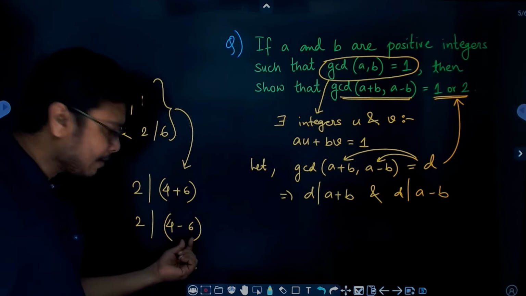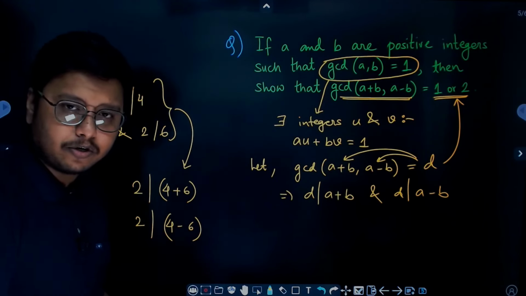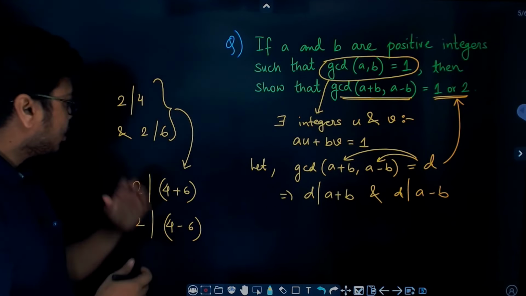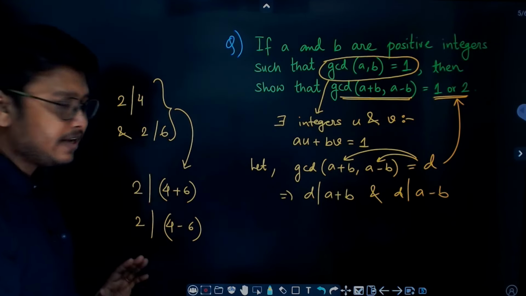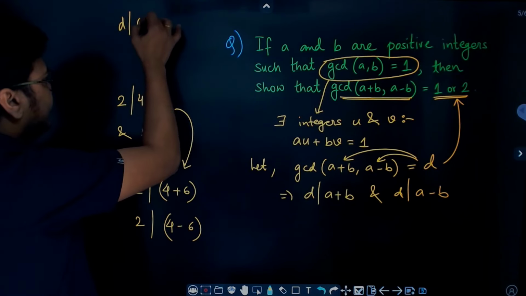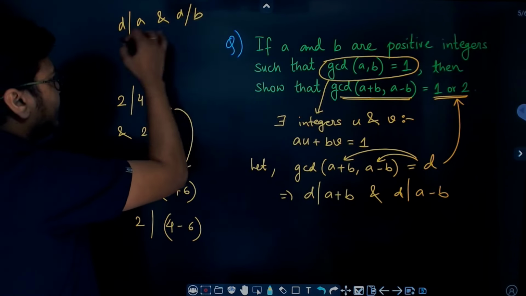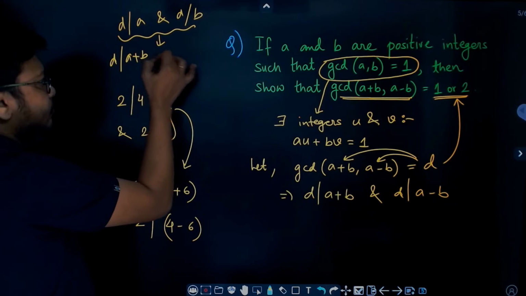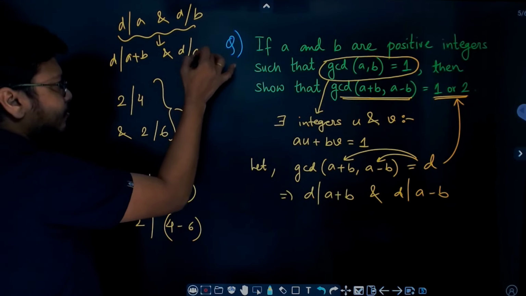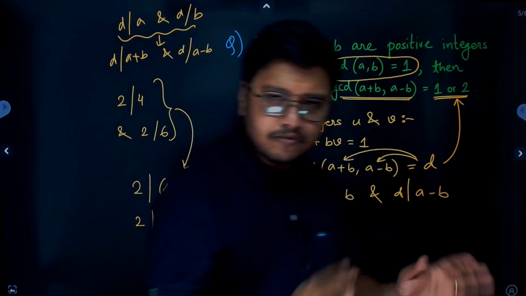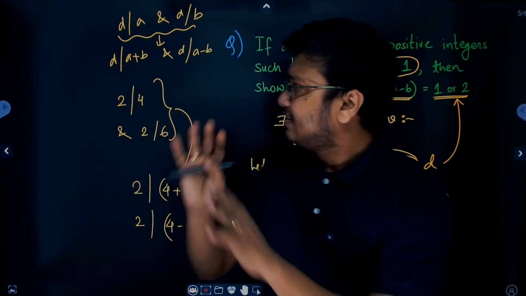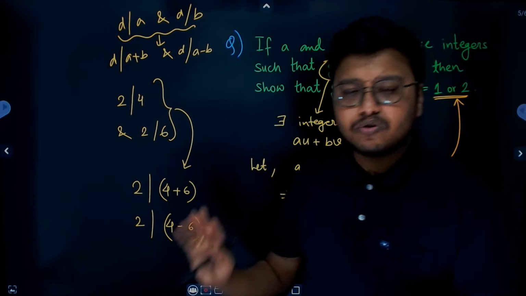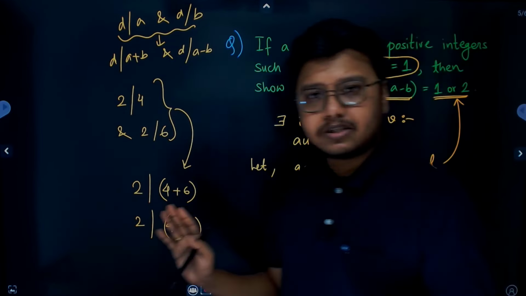Definitely yes. It may become negative, no problem. 2 divides minus 2, no problem with that. What I'm trying to say here is that if d divides a and d divides b, then d divides the addition of the two numbers and definitely d divides the subtraction of the two numbers. So if I add them and subtract them, the division still holds. It's a very simple concept of division.